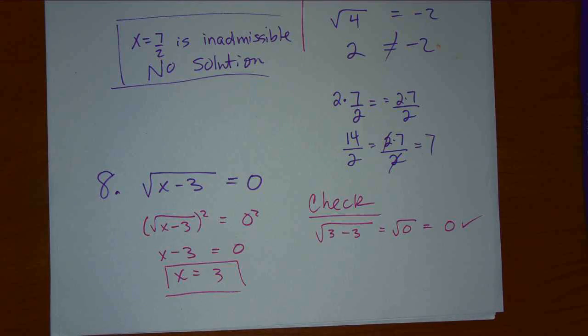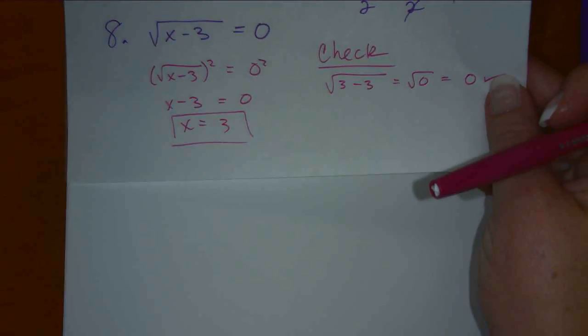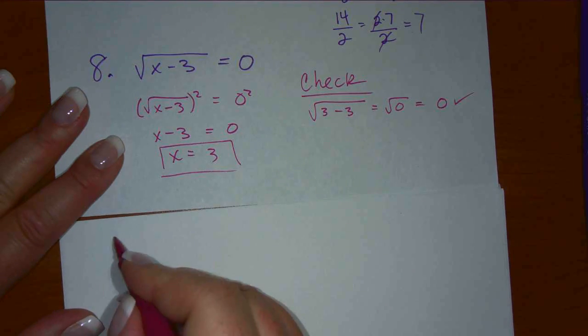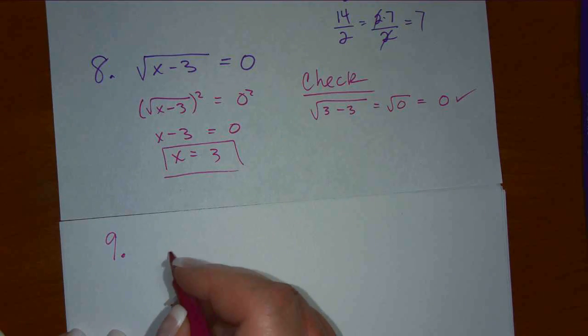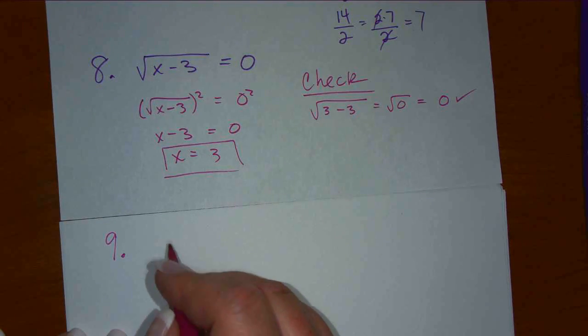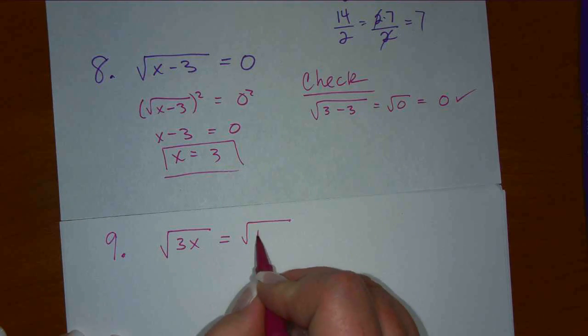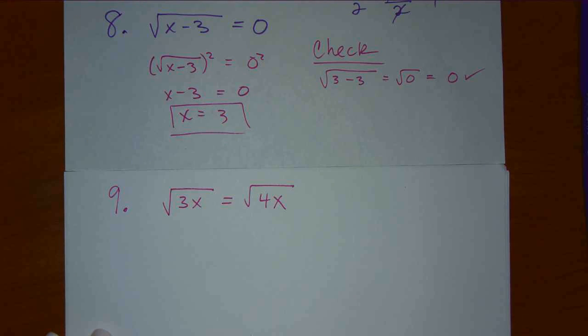Or the answer could be 0 too, like this next one. So we just square both sides.